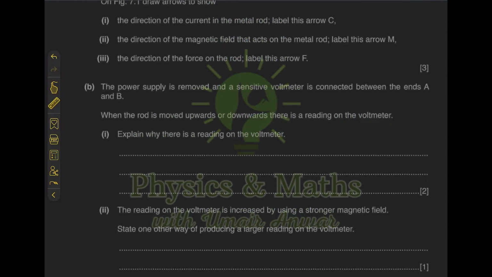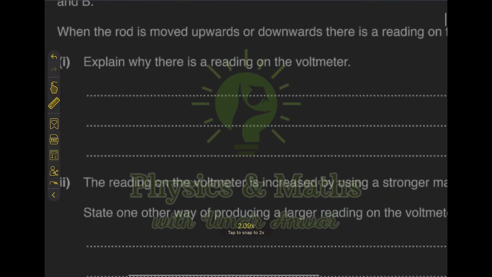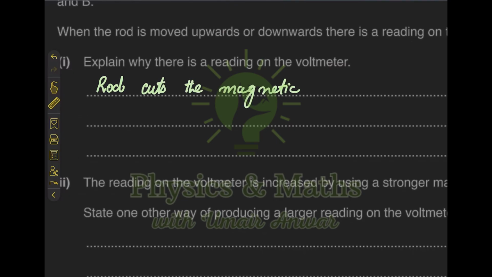Explain why there is a reading on the voltmeter. It is a 2-mark question or part. So we have to write a 2-mark answer for this. So I'm writing the rod cuts the magnetic field lines while it is moving.